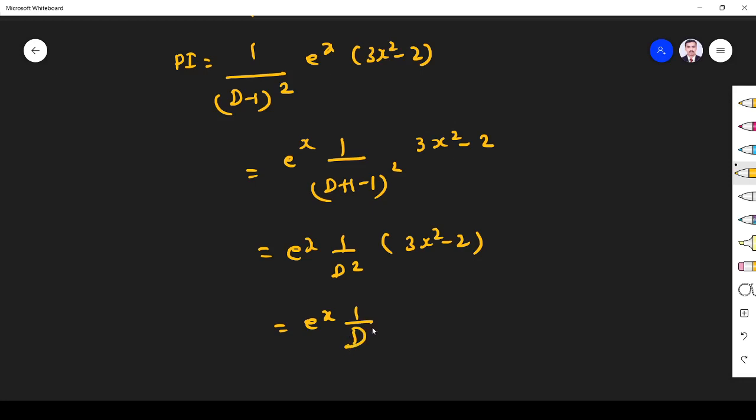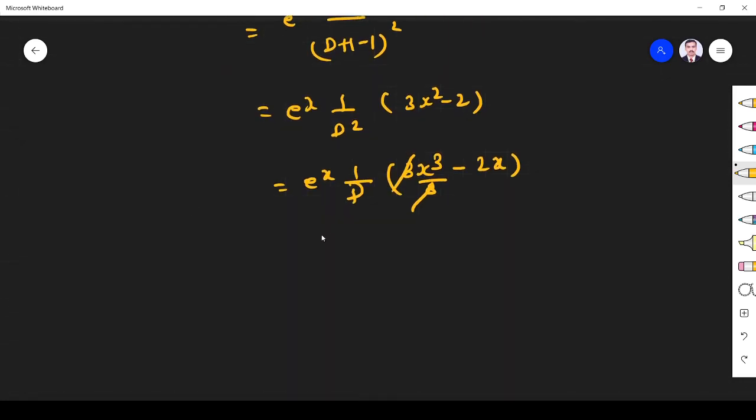Let us take 1 by D, one time I integrate. So I directly integrate 3x squared: 3x cubed by 3, and minus 2x. This 3 will be cancelled.